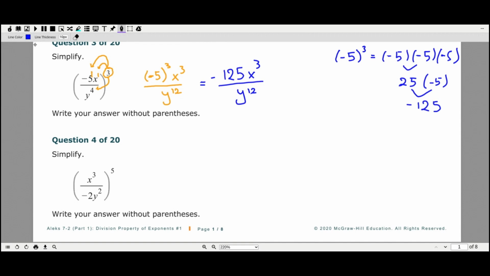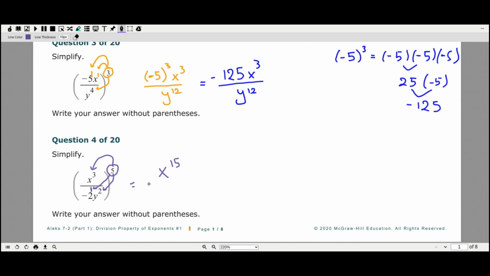All right, number 4. Okay, so same idea. First, you're going to write the power for the number or letter that doesn't have a power. So in this case, we're going to put 1 for the number 2. We distribute 5 into the parentheses, powers to the power.